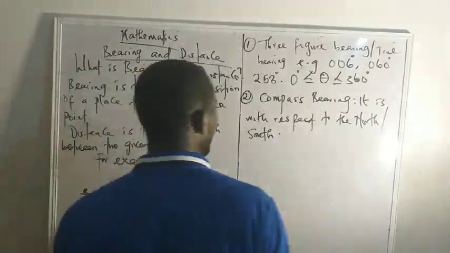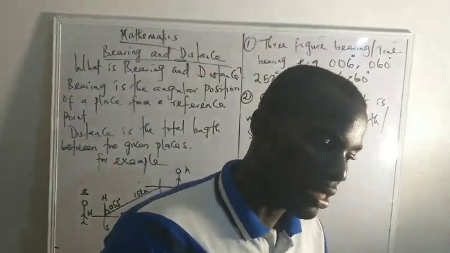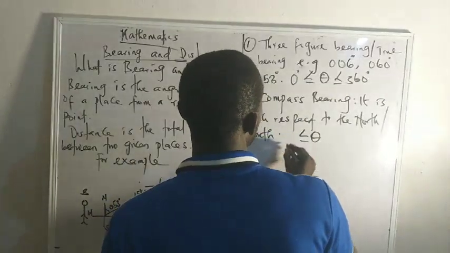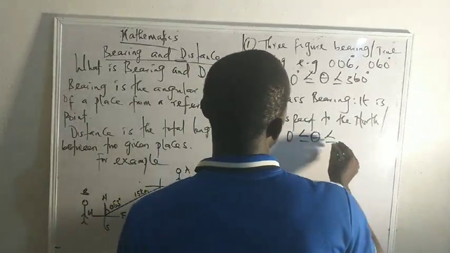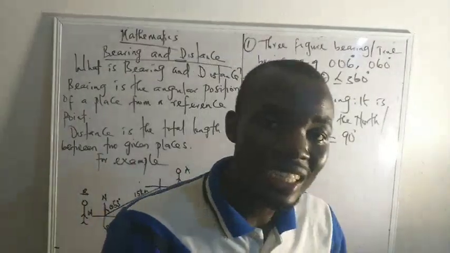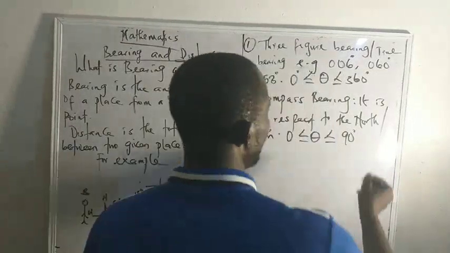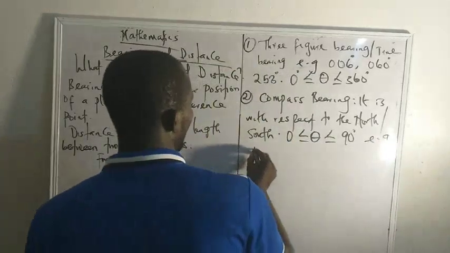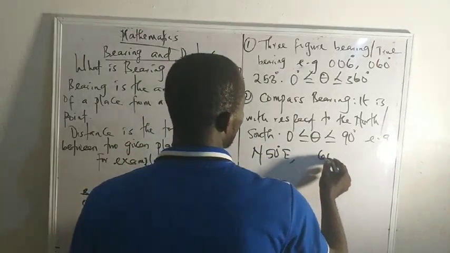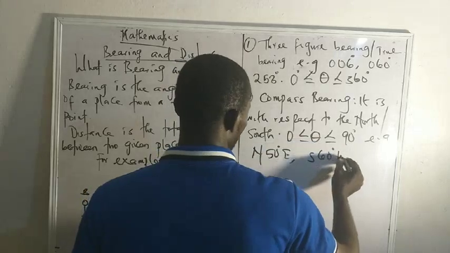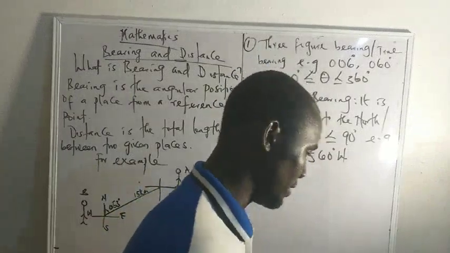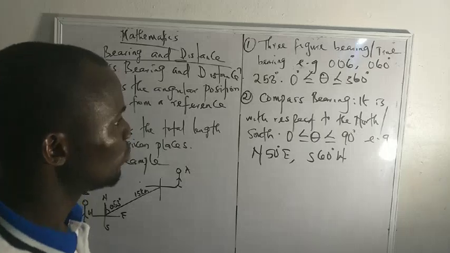So you either measure it taking the north and the south, and the angle is between 0 and 90 degrees. It means that the angle does not exceed 90 degrees. E.g., this is how it can be written: 50 degrees northeast, 60 degrees southwest, as the case may be. So this is the way it can be represented, and it's very important to take note.